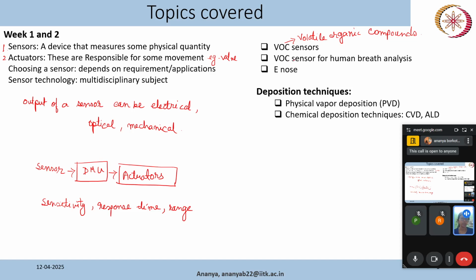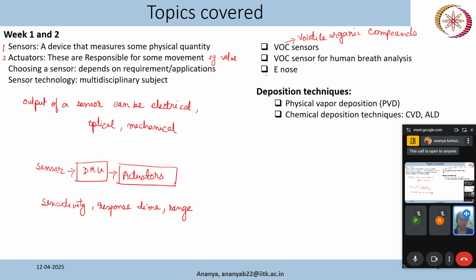And we have also discussed VOC sensors for human blood analysis, how we can detect a person with diabetes using a VOC sensor. We have also discussed how VOC sensors, an ethanol sensor, can be used to detect alcohol and to prevent drink and drive cases. All these things we have discussed.